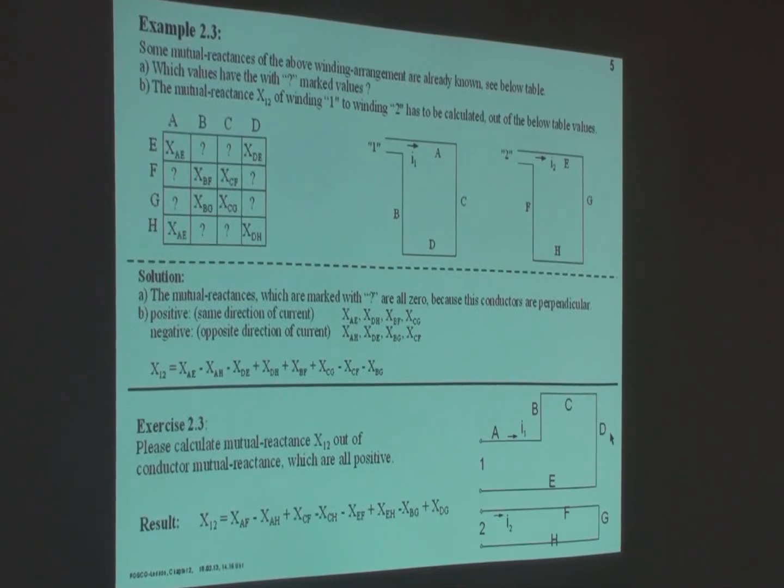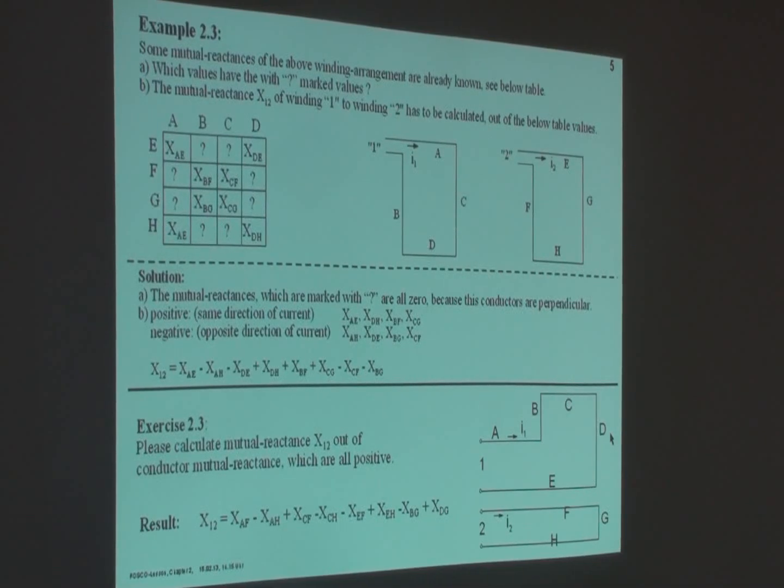We calculate XAA, XBB is self reactance, and XAB is XBA. AB is XBA. It is mutual reactance.